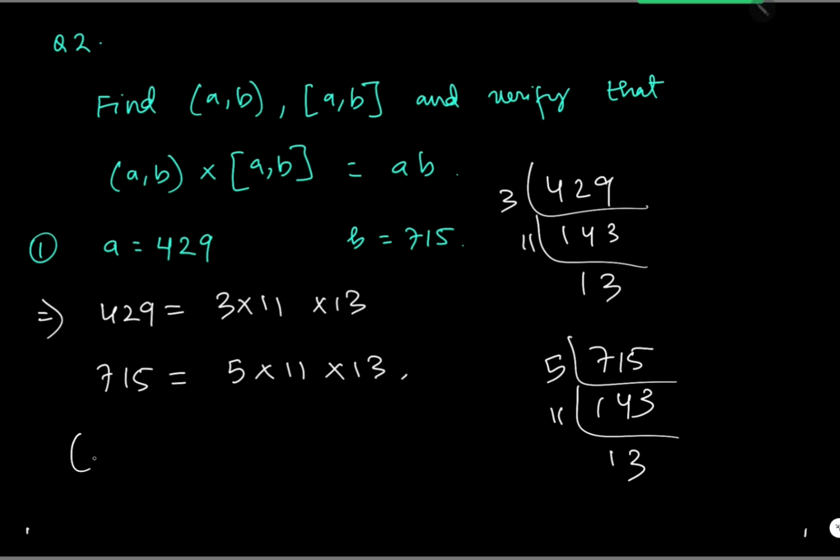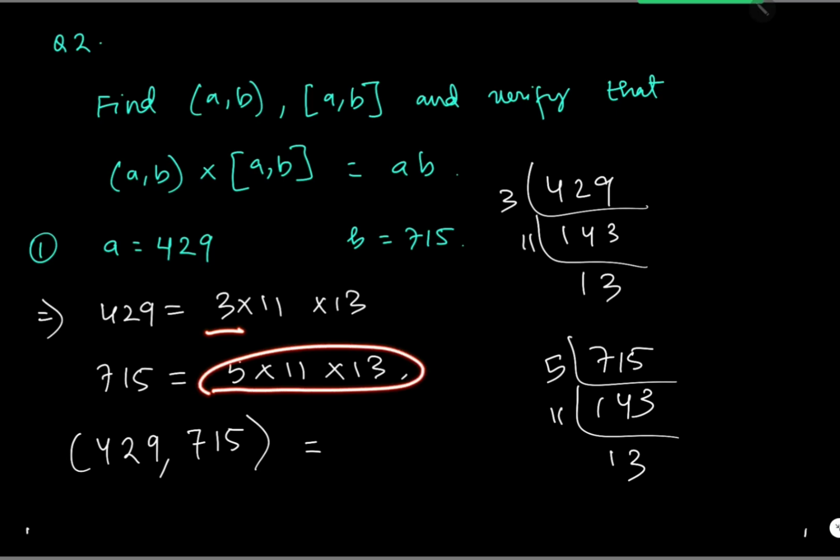And to find the HCF, I will need to use the first bracket, and then I will have to determine which prime numbers occur in both canonical decompositions. 3 is here, but we do not find 3 here, so 3 fails to be part of the HCF.